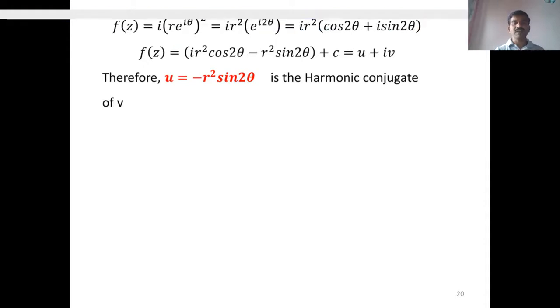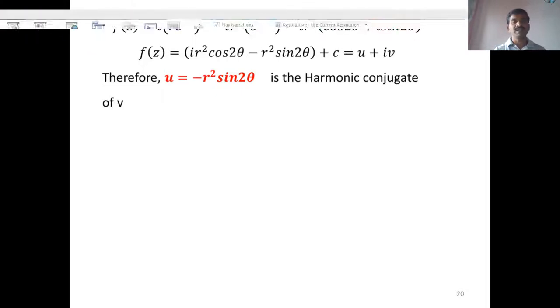This is what we have learned in this session. A recap: first, we saw the definition of harmonic conjugate and the conditions to find the harmonic conjugate, and also the properties of harmonic conjugates in analytic functions, where u and v are harmonic conjugates of each other only if they are constant.